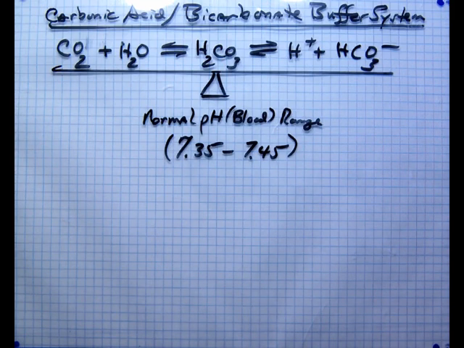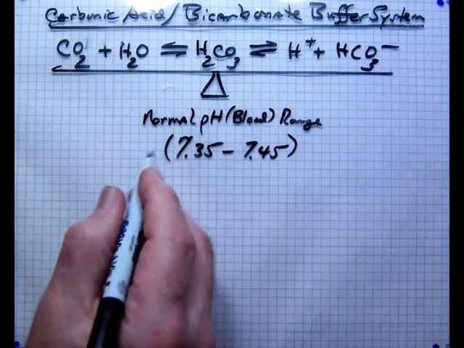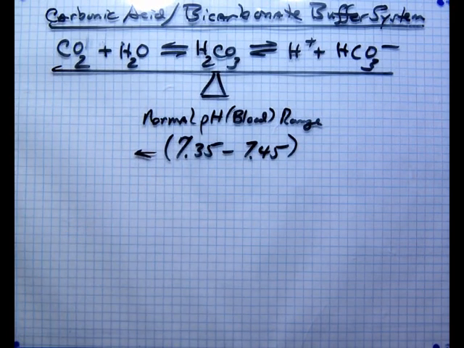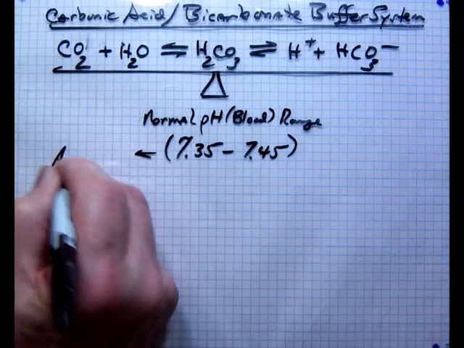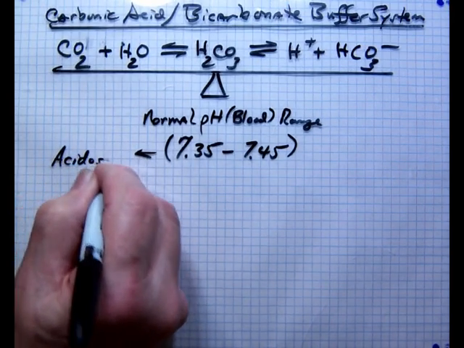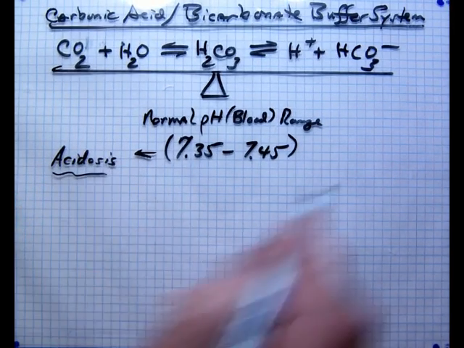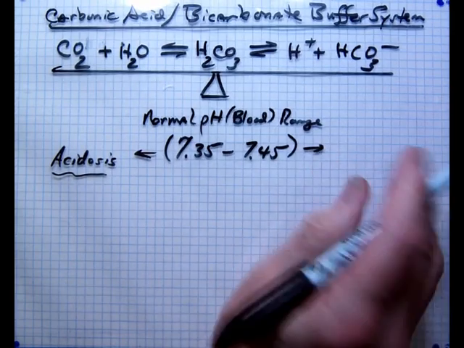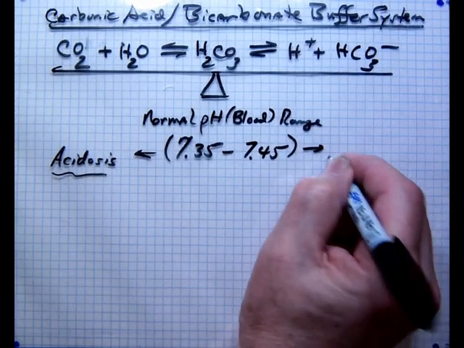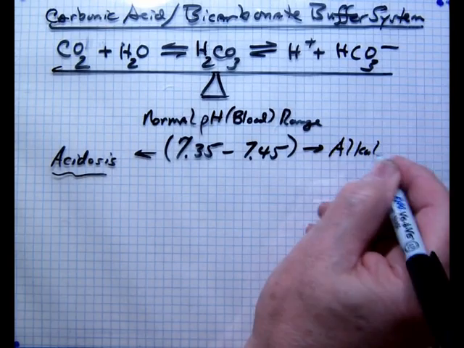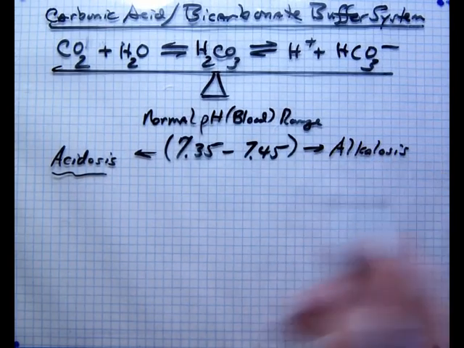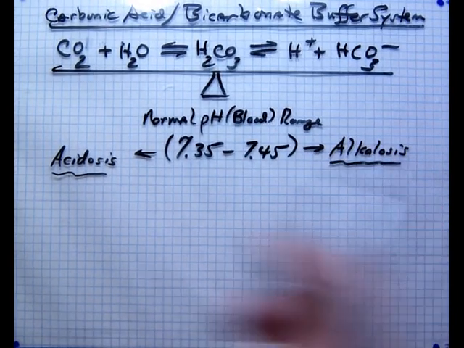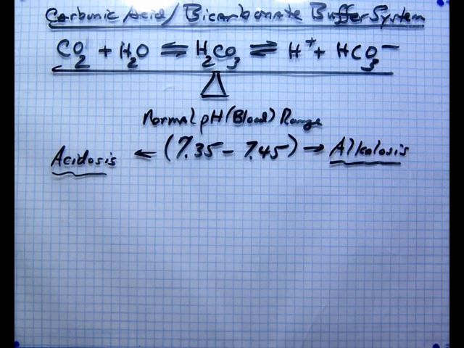We start calling it acidosis. If the pH gets down in here, we call it acidosis, and if the pH shifts on up here, we call it alkalosis, as I understand it. Again, disclaimer, I'm not a medical doctor. I'm just telling you how I describe and see this equilibrium shifting if a stress is applied.